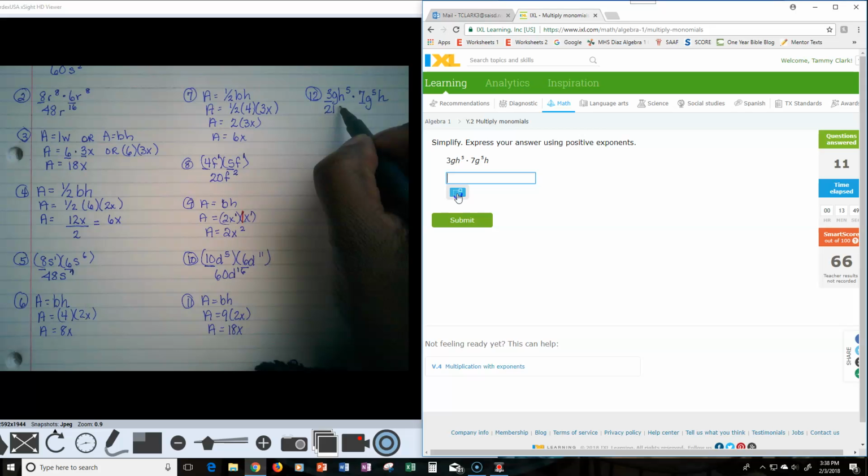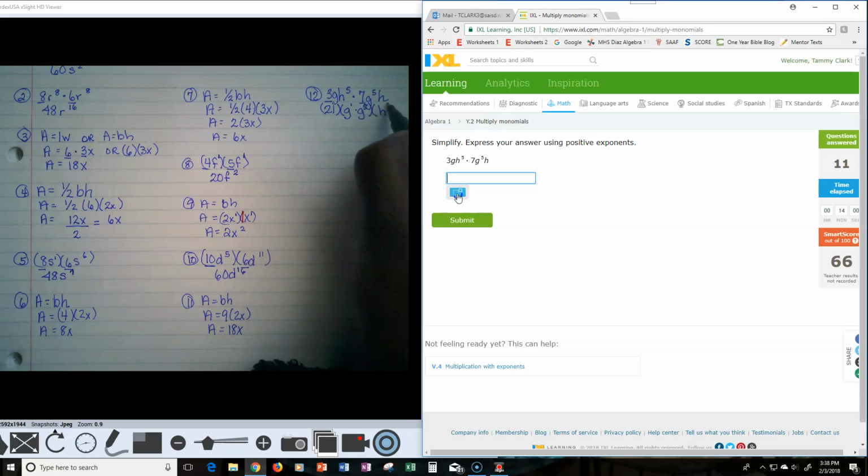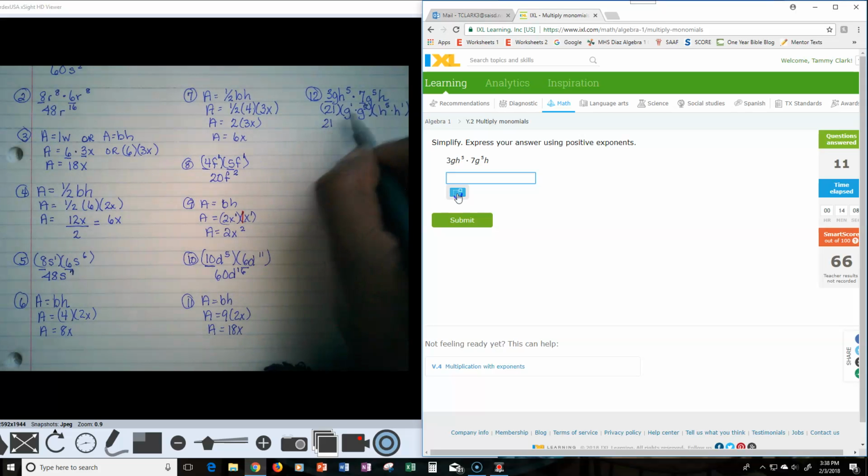So now I'm going to multiply that. And I've got g to the 1st power multiplied by g to the 5th power. And then I've got h to the 5th power multiplied by h to the 1st power. So we've got 21. Well, g to the first power multiplied by g to the fifth power is g to the sixth power because we kept our base, added our exponents.